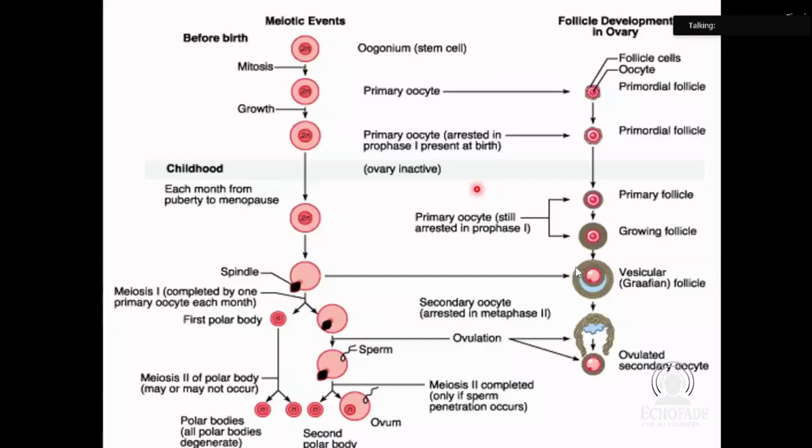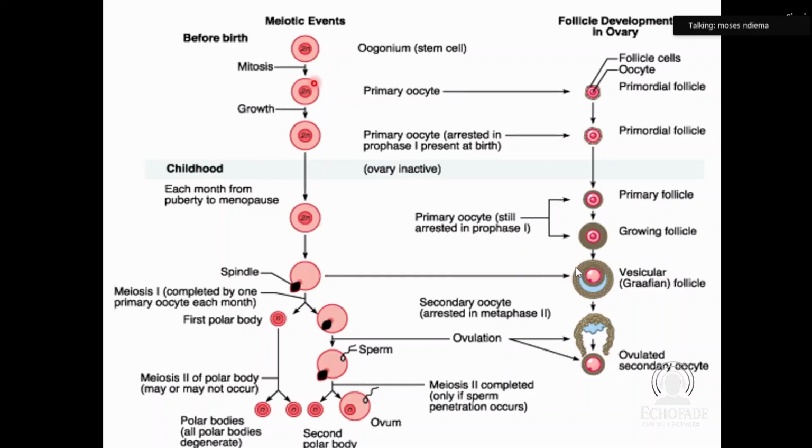Now, we are trying to compare the development of the oocyte and the development of the follicle. Remember, the development of the follicles occurs at puberty. The follicles develop, but the oocyte development occurs at puberty. So we have the first meiotic division.